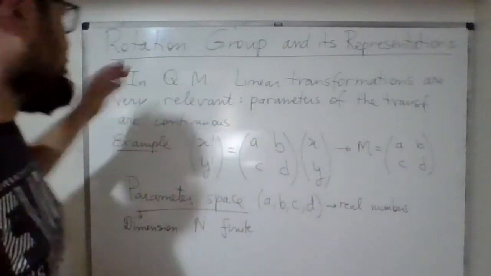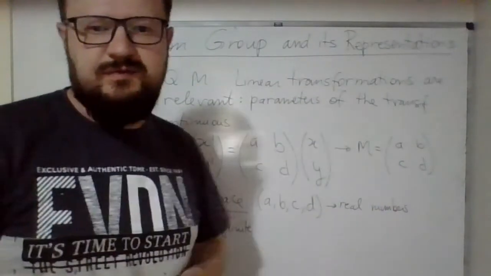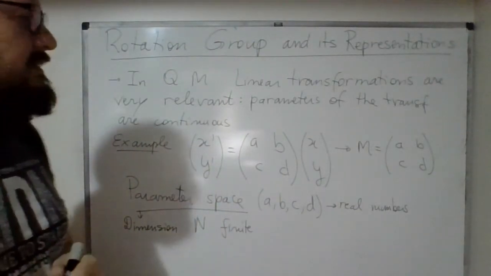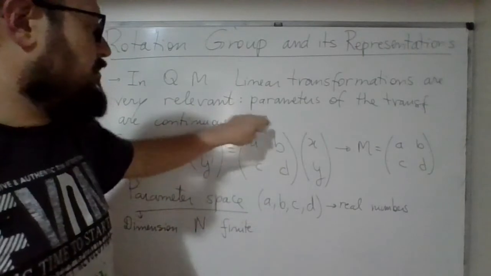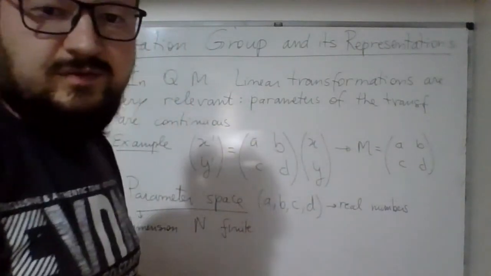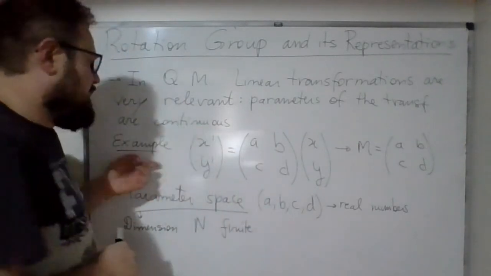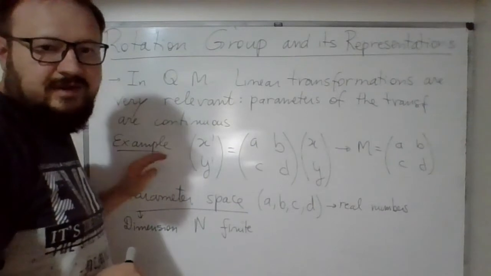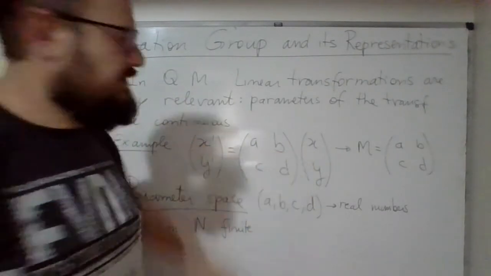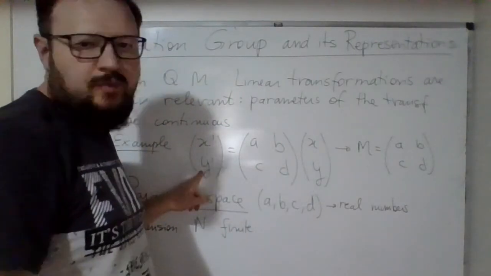But you already know that in quantum mechanics, linear transformations are very relevant, and the parameters of the transformations may be continuous for some of the transformations you're working with. So for example, suppose you want to transform some coordinate system x and y to some x prime and y prime.